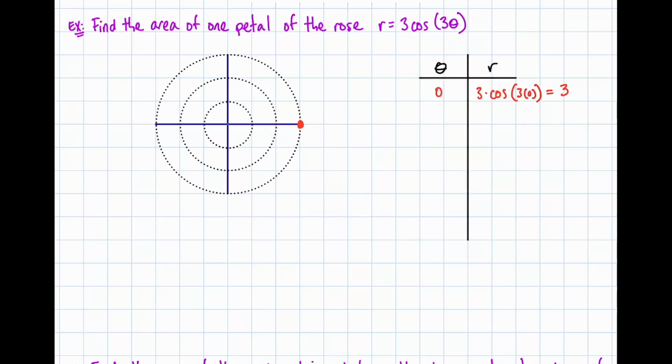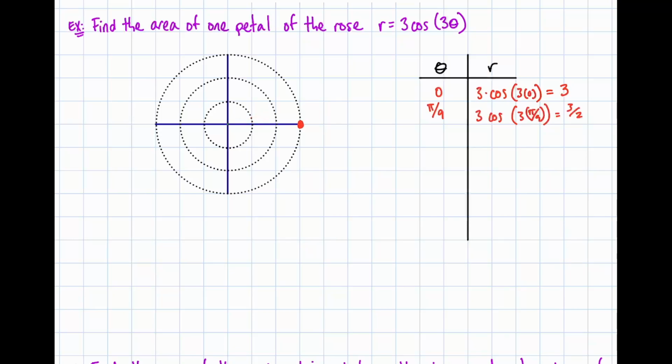Fantastic. Let's keep going. Like I mentioned, pi over 9 is another good angle, because I'll get 3 cosine of 3 times pi over 9. 3 times pi over 9 is pi over 3. Cosine of pi over 3 is 1/2, so I get 3 halves. Now here's the issue. I don't know exactly where pi over 9 is.